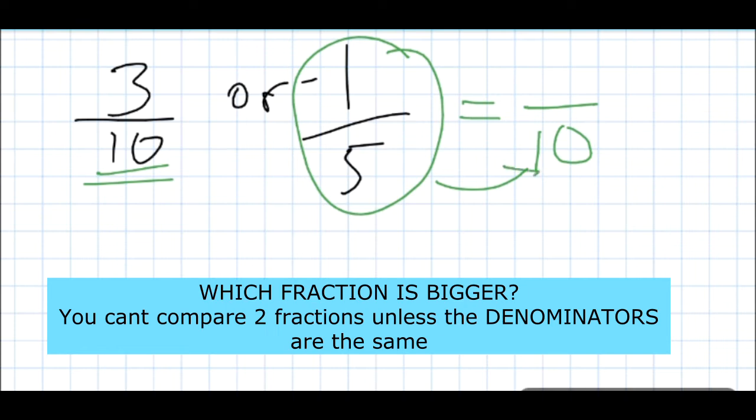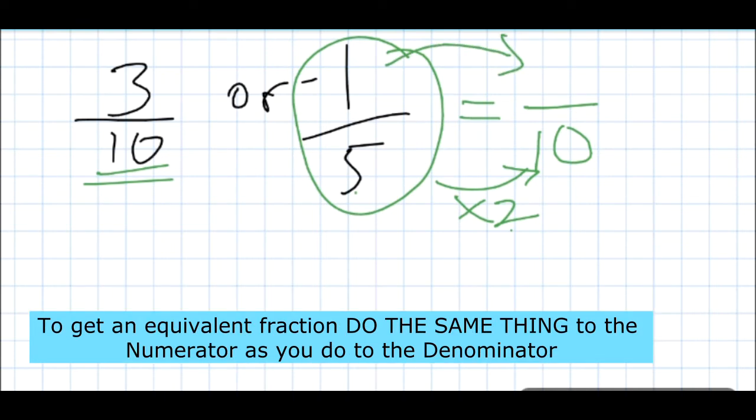So here you have multiplied by 2. 5 multiplied by 2 is equal to 10. So you do exactly the same thing on the top. When you're finding an equivalent fraction, the thing you must do on the bottom is exactly the thing you must do on the top. So times 2 on the bottom, therefore you times 2 on the top.